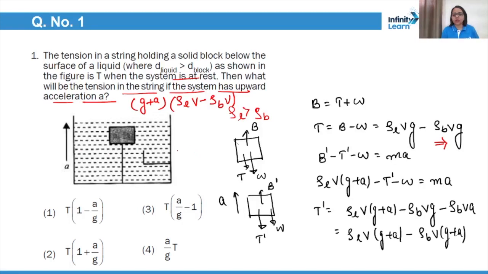So it will be G plus A into T upon G, which is equal to T dash. So T into G upon G is 1, plus A upon G, is equal to T dash. So the new tension in the string will be T times 1 plus A upon G, that is option 2.